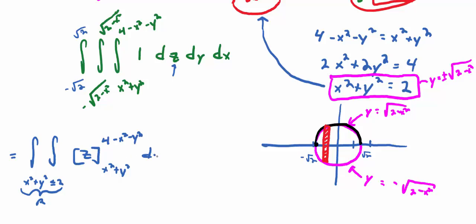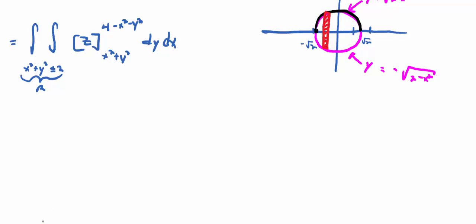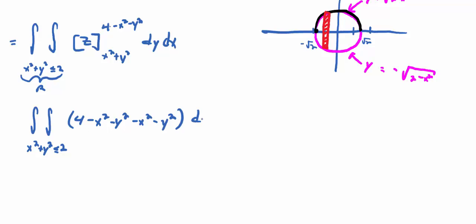And then we still have the dy dx on the outside. Okay, so fill it in. We still have x squared plus y squared less than or equal to 2. That's our R. So that's a double integral over R of, plug this guy in for z, you get 4 minus x squared minus y squared, minus the quantity x squared plus y squared, which becomes minus x squared minus y squared, dy dx.